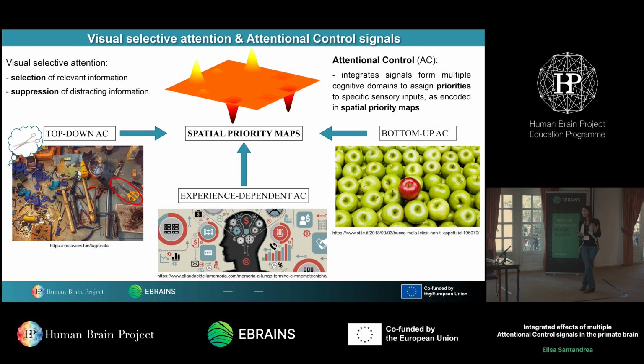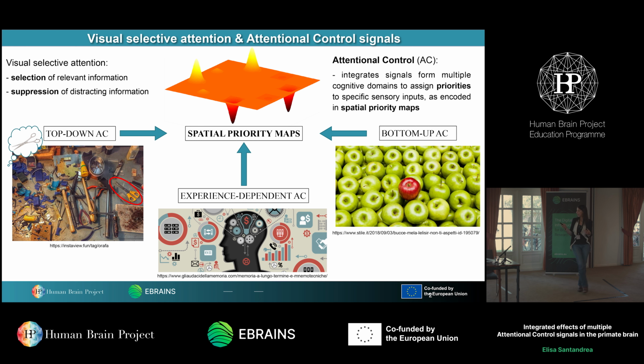So it's basically what we have learned about the environment. One possible example here is that, if we were exposed to rewards or punishments in previous encounters with a given stimulus, we will tend to shape our future attentional selection based on those experiences.